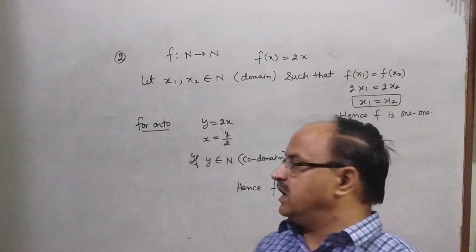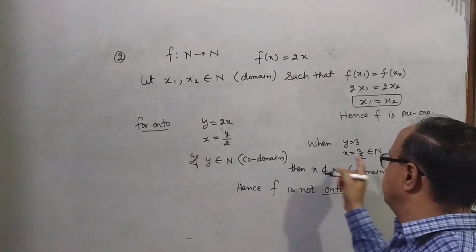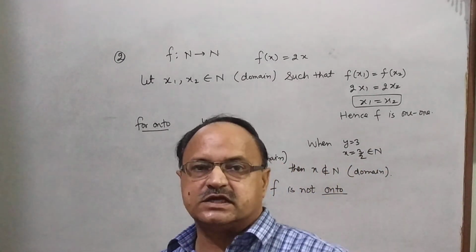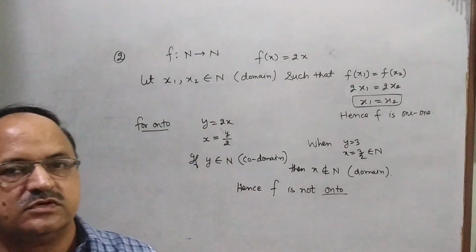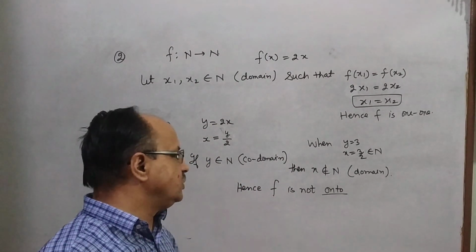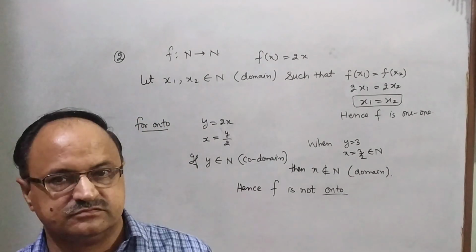You can check another number: when you put 5 here, then 5 by 2 also does not belong to the natural numbers. It means overall x does not belong to the natural numbers, the domain. So hence the function is not onto. If the function is not onto, then it is not bijective. Thank you.